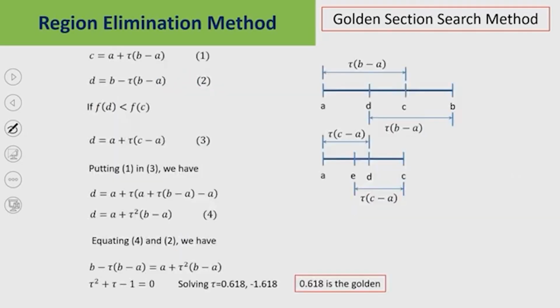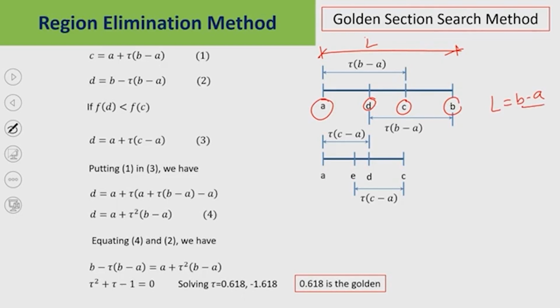So, let me explain this part. Now, in the figure, this is A and B, and the length between A and B is your L. Now, I have taken 2 points here, that is C and D. Now, the length L is nothing but B minus A. So, L is B minus A. Okay.